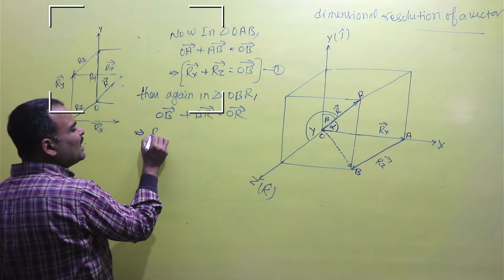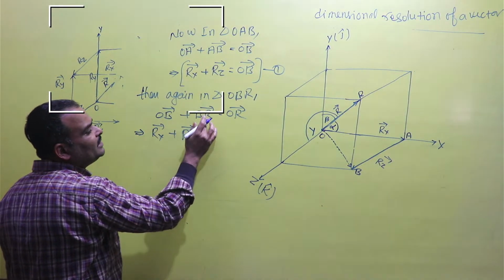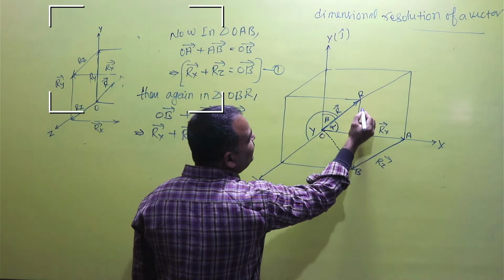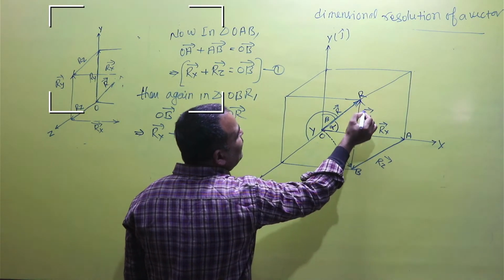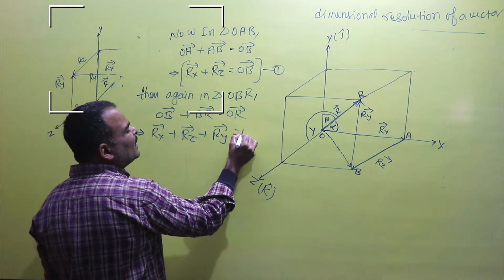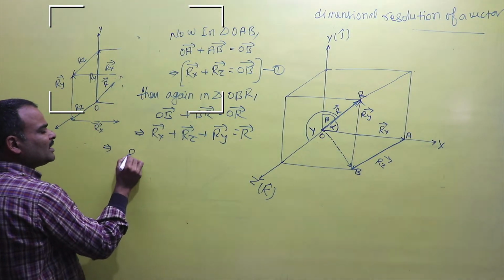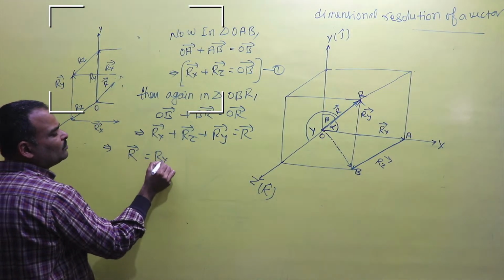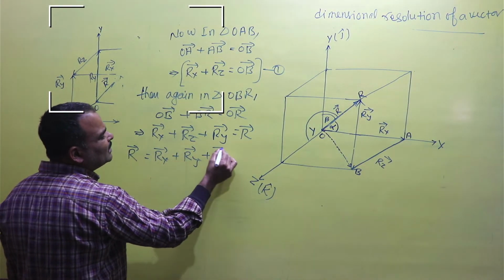OB is vector Rx plus vector Rz, and the BR is vector Ry. OR is R, so we can write the equation as vector R is equal to Rx plus Ry plus Rz.